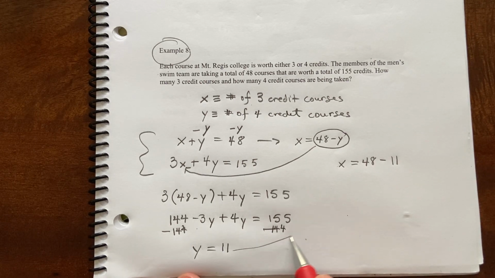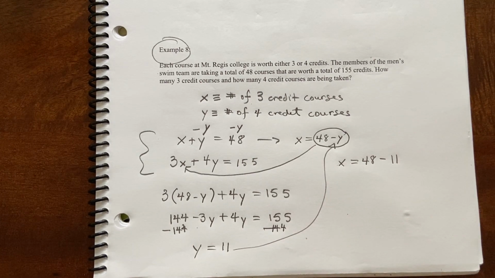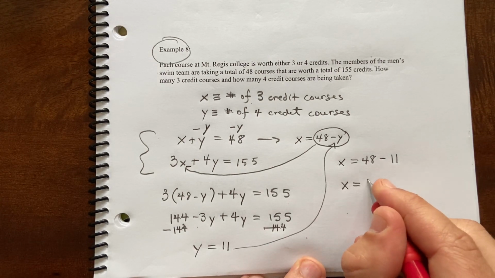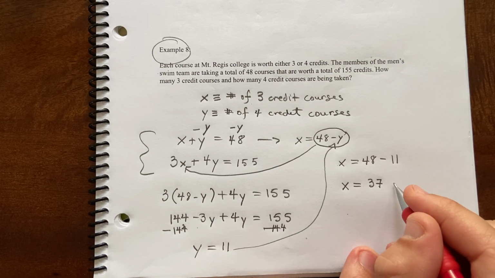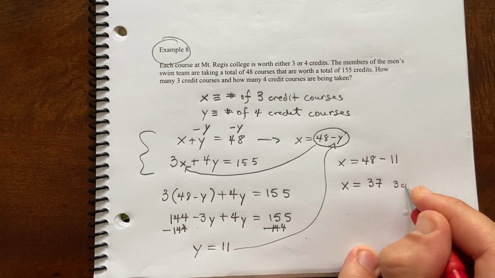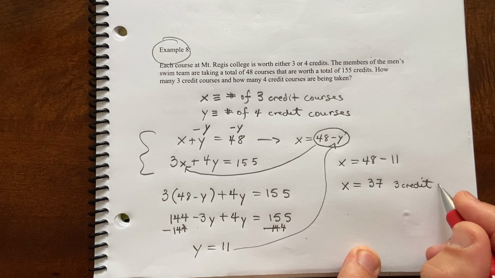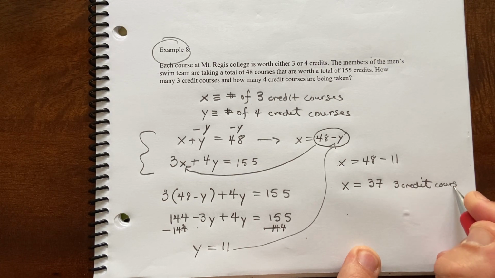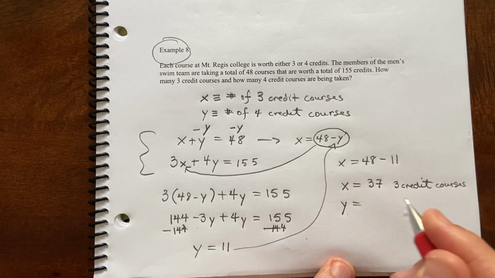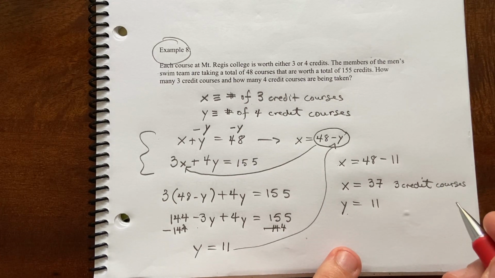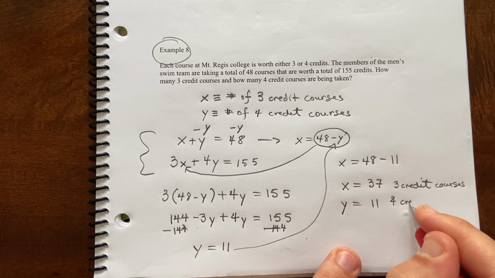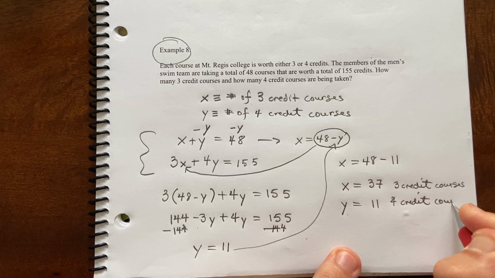I'm taking this 11 and plugging it in there now. So 48 minus 11 is 37. So this would be 37 3-credit courses. And we'd have Y equals 11 4-credit courses.